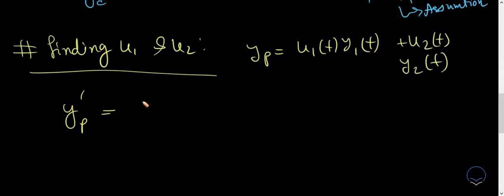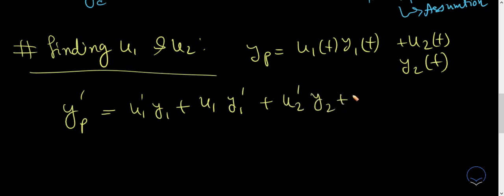So now we want the first derivative. This will be u1 prime y1, plus u1 y1 prime, and then you will have u2 prime y2, plus u2 y2 prime.